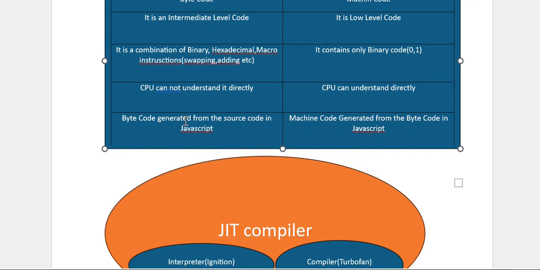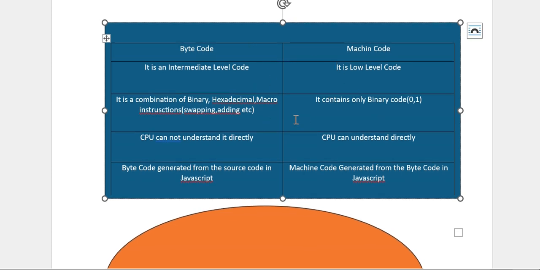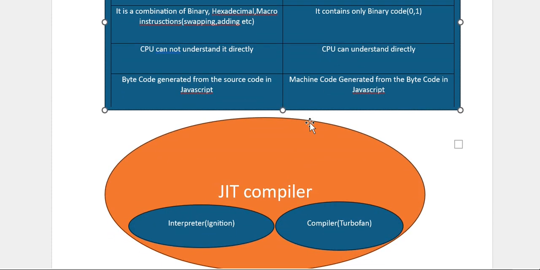Bytecode is generated from the source code in JavaScript. As we have already discussed, from the source code the Ignition interpreter generates the bytecode, and then the TurboFan compiler is used to convert it into machine code. Machine code is generated from the bytecode in JavaScript. So this is the main difference between bytecode and machine code. How are machine code and bytecode generated?